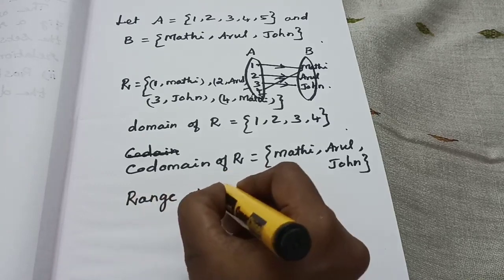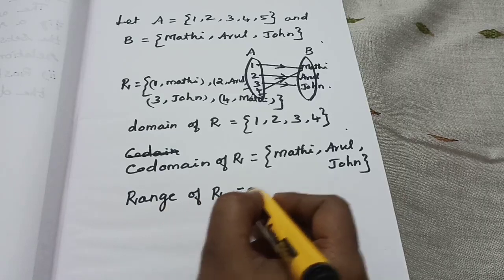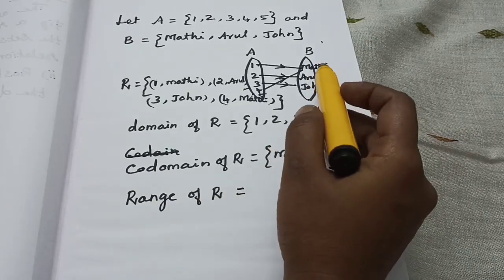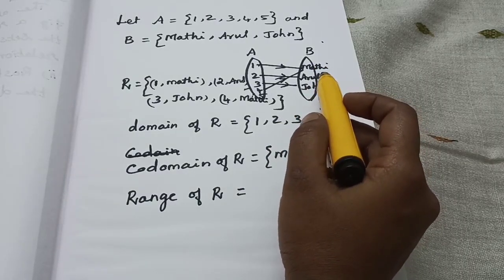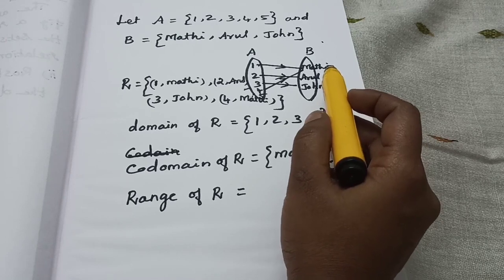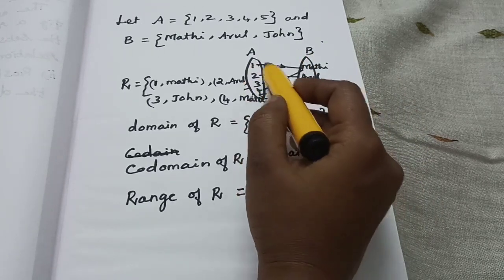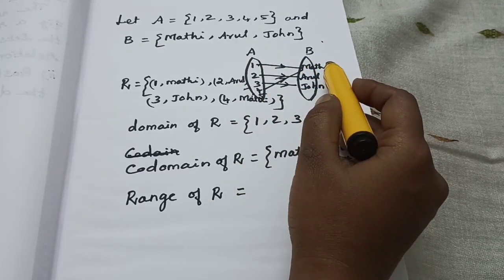Okay, then the range of the relation R is equal to, which is the range? Here by definition, what can we write? The range of the relation R is the set of Y belongs to, then these are the X values, these are the Y values. Have you understood?